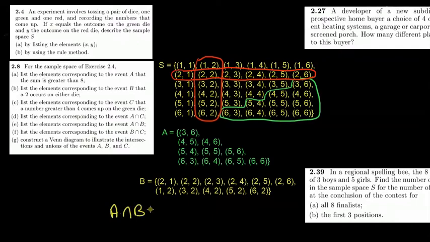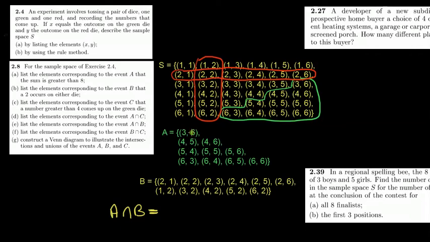intersection B. All right, so you have to be able to recognize or know how to find the intersection between events. All right, so let's see, what is the intersection for this one? It's going to be anything where the same outcome is in both of these, right?